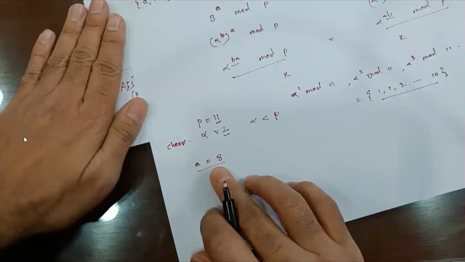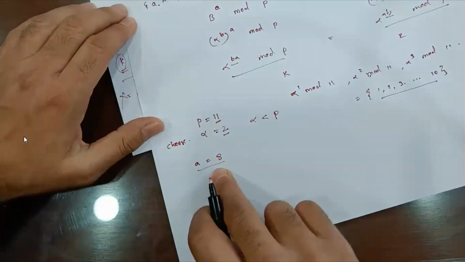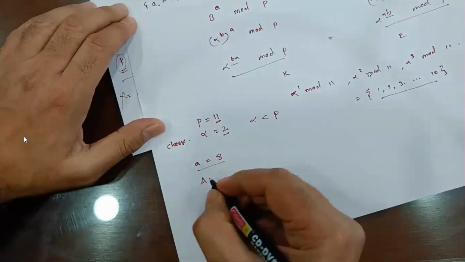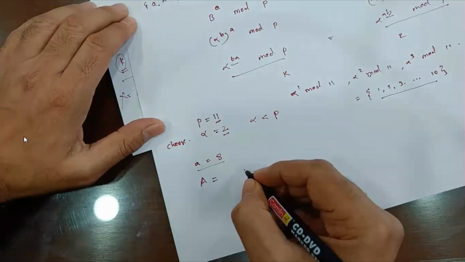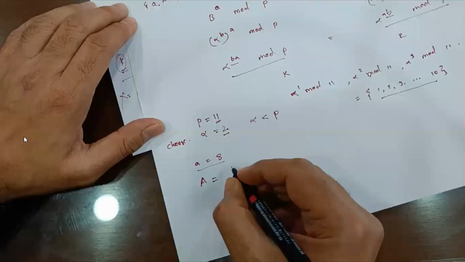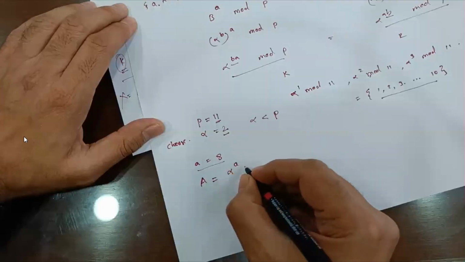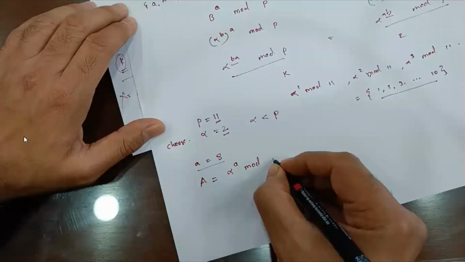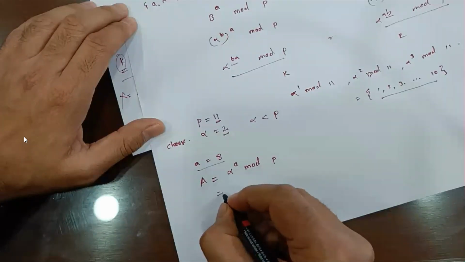Now once you have chosen the private key, you have to calculate a public key. How do you calculate the public key? Alpha raised to a mod p. Can you tell me the answer?